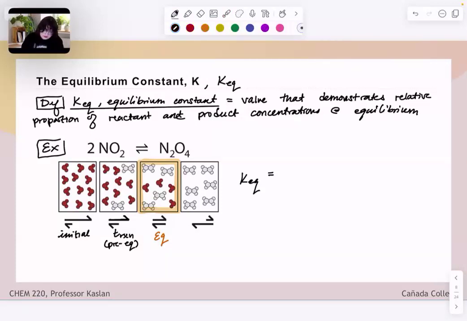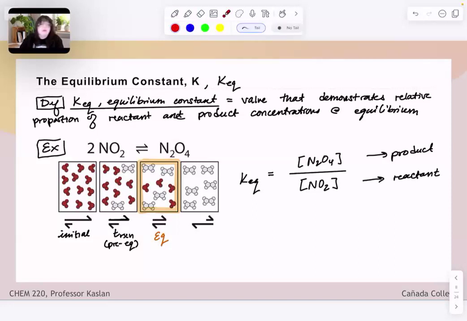So specifically, KEQ would be equal to, in our case, the concentration of N2O4, which is our product, to our concentration of NO2, which was our reactant.